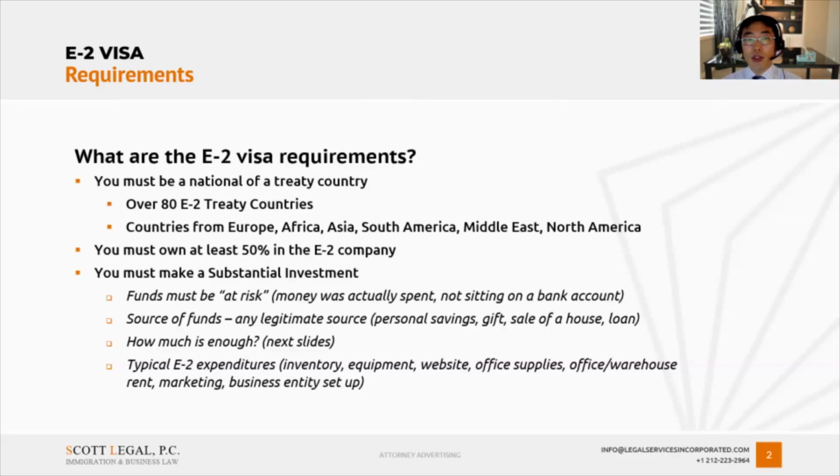The next requirement is that you must make a substantial investment. Then what is a substantial investment? We'll talk about it in more detail later, but generally speaking, it means sufficient amounts to make the E2 business fully operational. For example, if your business is a consulting company, then obviously the required funds to establish the business are much less than for a manufacturing facility.